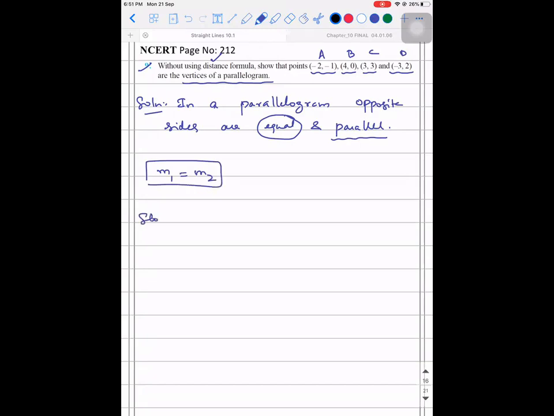So what is the slope of AB? Let's find out the slope of all the sides. Slope of AB is 1 by 6. Slope of BC is 3 by minus 1. Slope of CD is minus 1 by minus 6, that is 1 by 6.